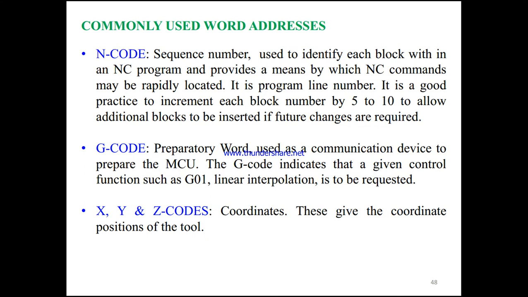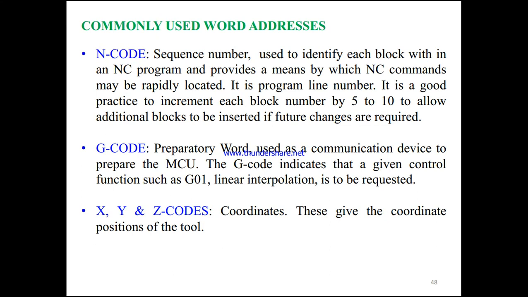G codes are the preparatory codes, used as a communication device to prepare the machine control unit. A G code indicates that a given control function, such as G01 linear interpolation, is to be requested.